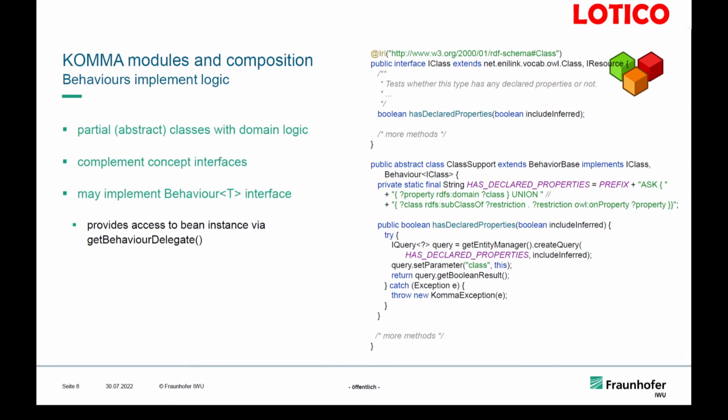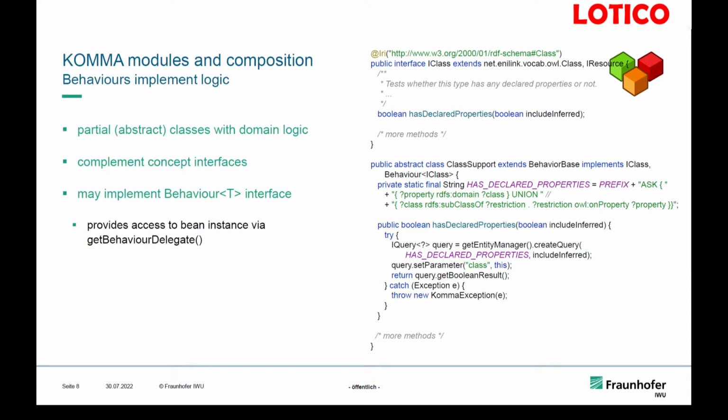Now comes the second part. In most cases, you don't want to just map your interfaces to RDF, but you also want to implement some logic. This is what KOMMA calls behaviors, and it's actually a legacy of the Elmo and Alibaba projects.